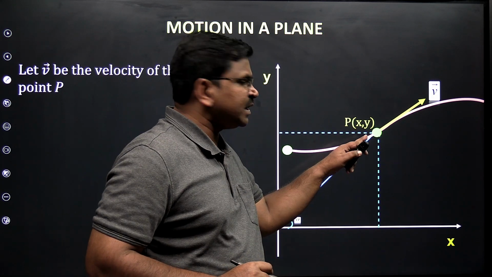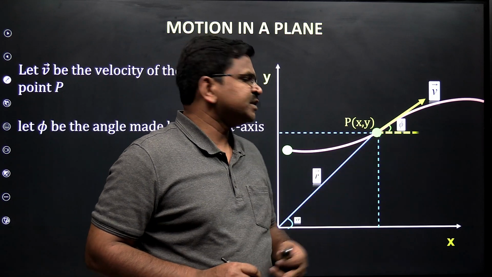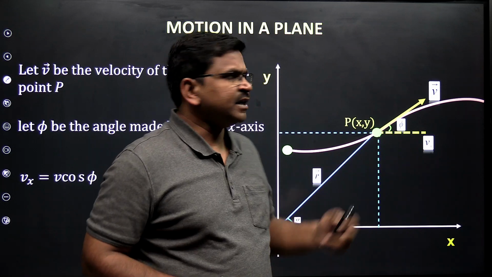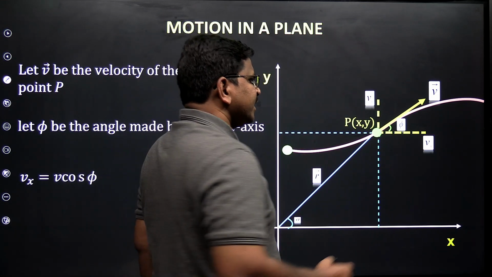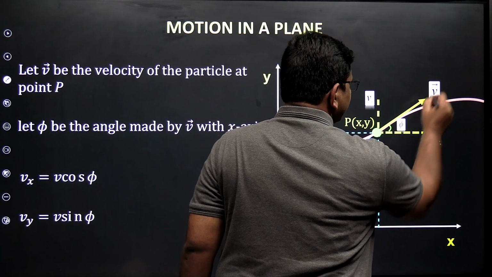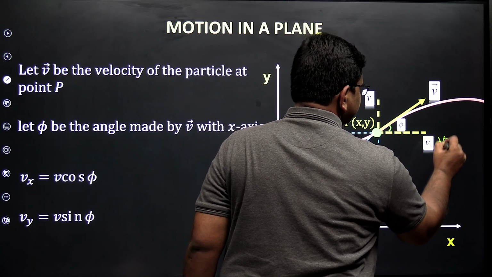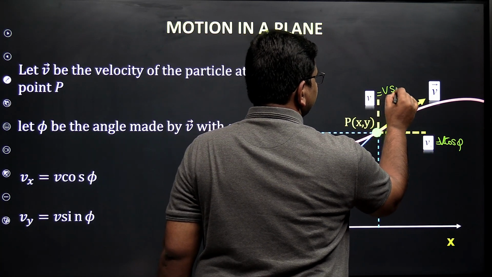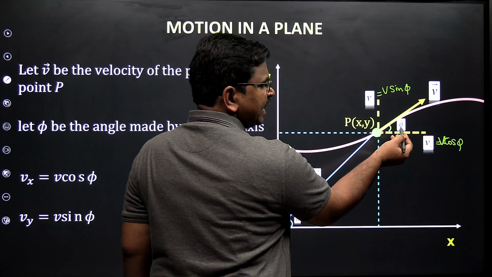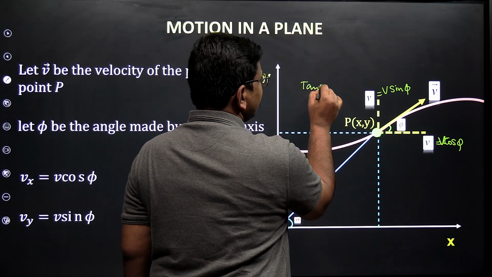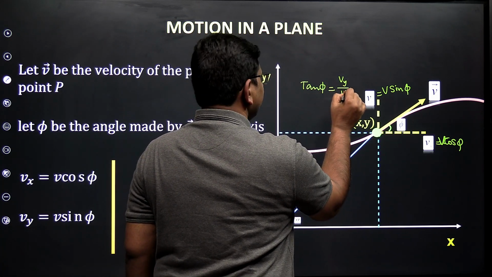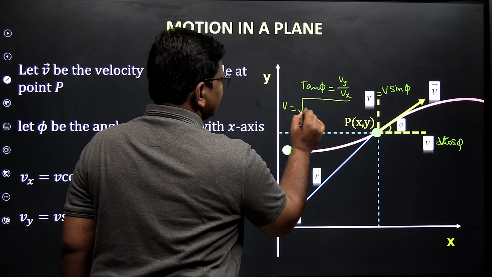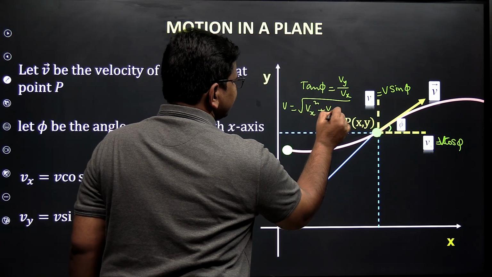Let me resolve this velocity along the x-axis, where it makes an angle phi with the x-axis, into vx and vy. Again I can write vx equal to v cos phi, and vy equal to v sin phi. The direction is tan phi equal to vy by vx, and the magnitude v is equal to square root of vx square plus vy square.